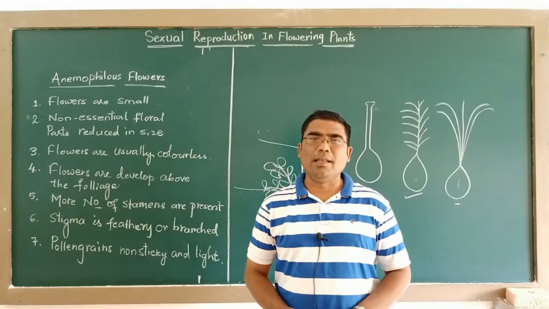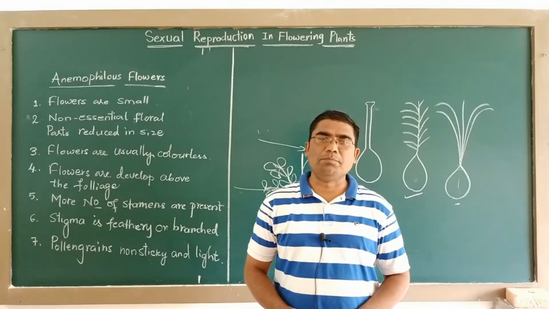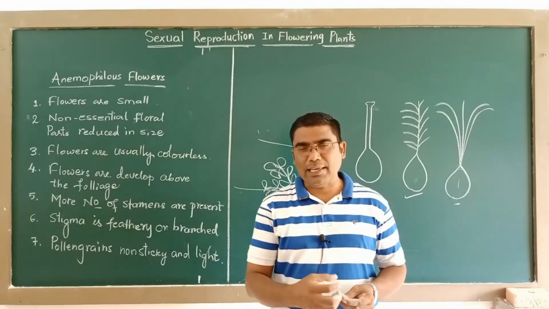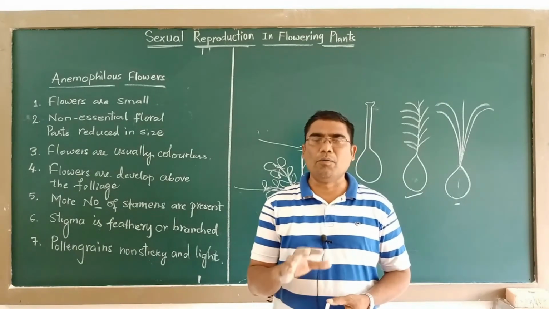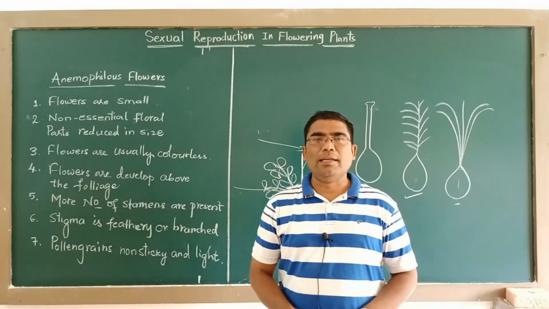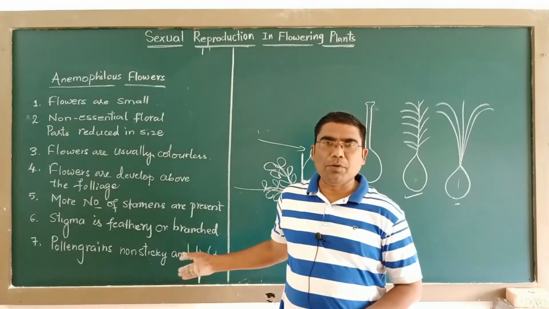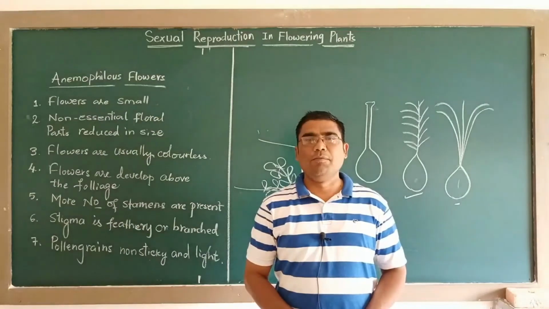Because of their light weight, they easily float in wind and they travel for longer distances. They are carried by the wind for long distances and travel in the wind very easily. Suppose pollen grains were heavy, they would not be easily carried by the wind, and would not float in wind. To avoid these problems, pollen grains are light in weight. So these are some of the adaptive features or characteristics of anemophilous flowers.